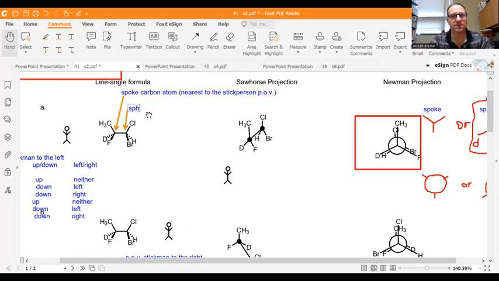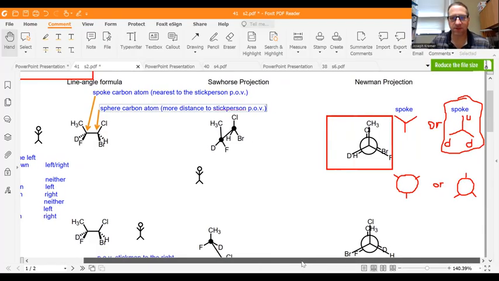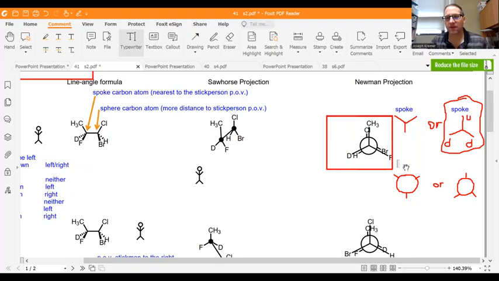These are textbook terms. The sphere carbon, not the junction, not the endpoint or vertex carbon. This is called the sphere carbon, more distant to the stick person point of view. These are sphere carbons over here. Let the record show. Sphere carbon. Sphere carbon.